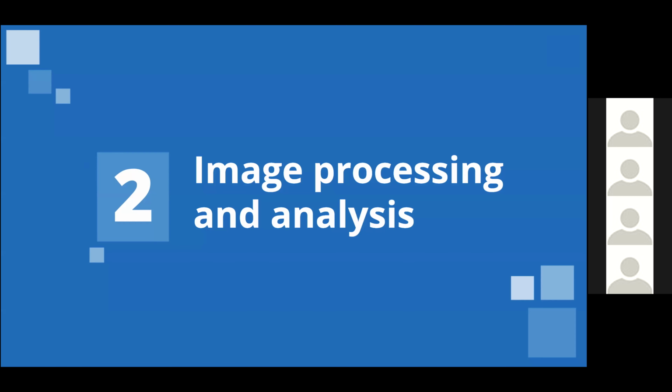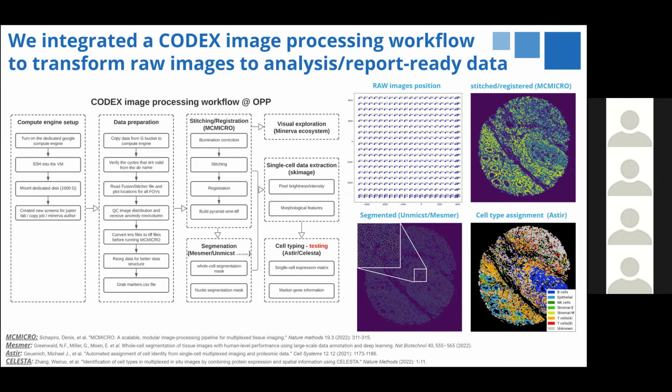Hi, this is Huan. Once we acquire images with a microscope, we need to transform the raw data into a format we can visualize, explore, and create reports on, as well as a tabular data format that enables downstream analysis.